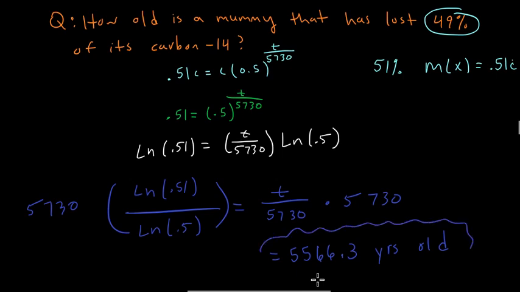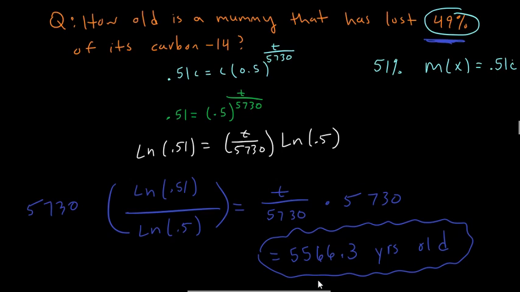And so I guess that sort of makes sense. If it's lost 49% of its carbon, and the half-life, so again, half-life tells you how long it takes for half of the carbon to be gone. If the half-life is 5,700 years, roughly, and it's at 49%, that's pretty darn close to the half-life. So my answer would make sense to be 5,500 years old.